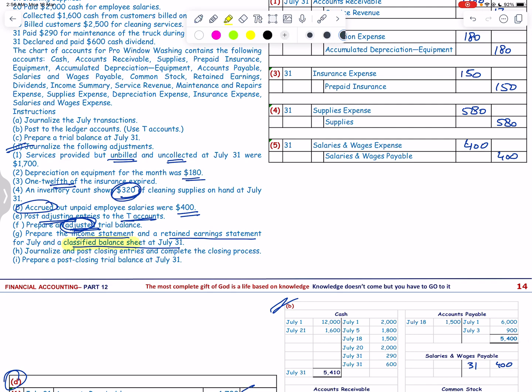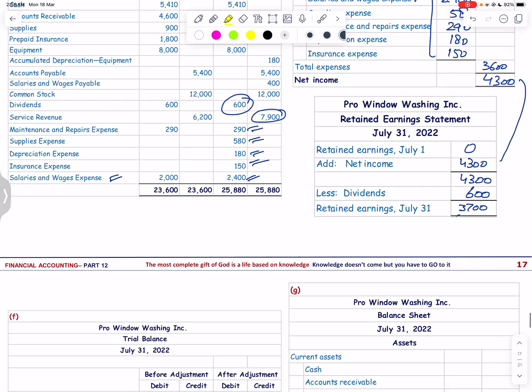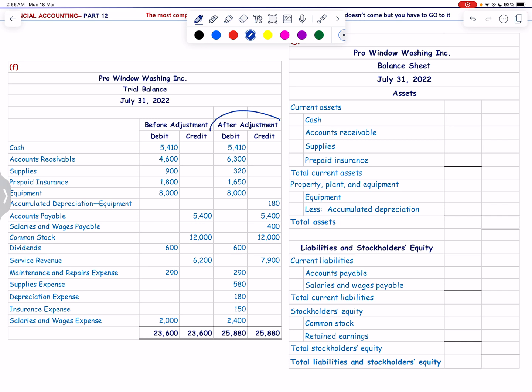Now for the balance sheet, again we are going to use the after adjustment debit and credit balances. Now cash is 5410, accounts receivable is 6300, supplies is 320, prepaid insurance is 1650, so the total is 13680.